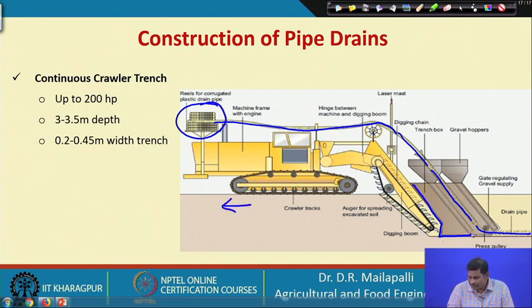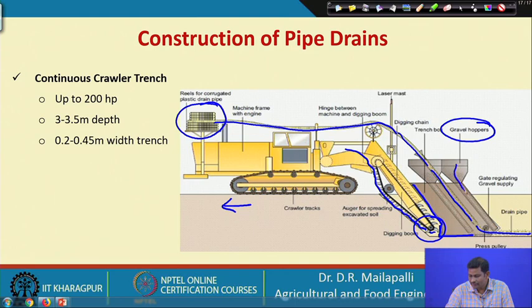The trencher has a cutting tool that cuts, and at the same time the pieces coming from the cutting are conveyed by the conveyor belt and thrown outside. Every time, this portion will be freed and cutting will take place. Then there is a gravel hopper.